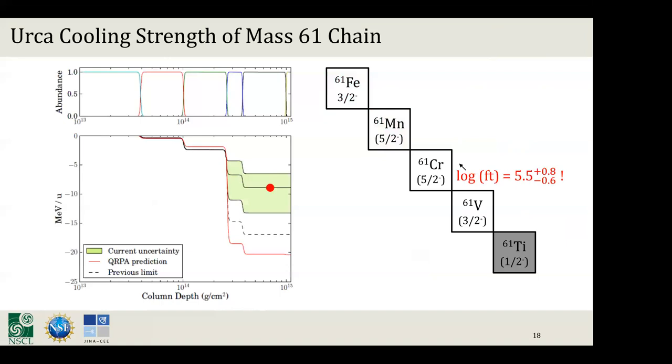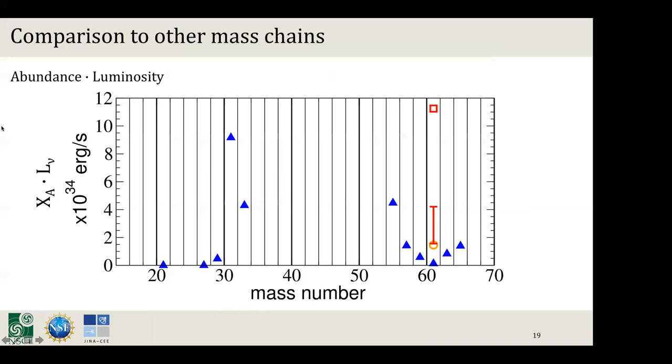However, I will point out that since this work has been completed for the mass equals 61 chain, the Urca cooling strength of the entire chain is now experimentally constrained. In a comparison to other mass chains, the red box here shows abundance multiplied by luminosity, so it's the cooling strength.